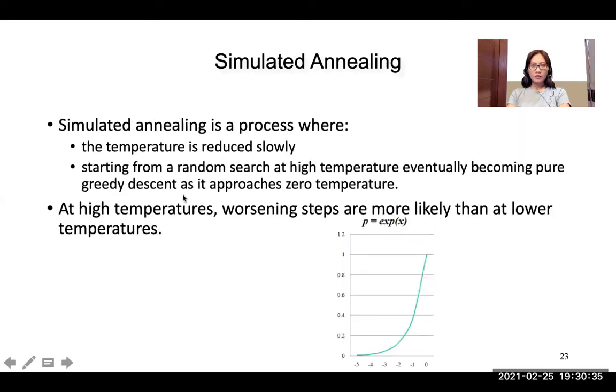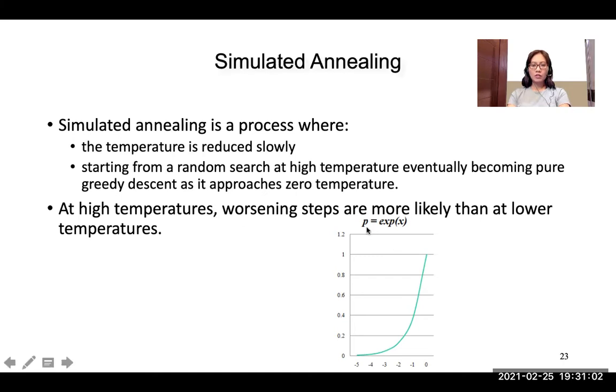That's why researchers invented simulated annealing, a process where the temperature is reduced very slowly, starting from a random search at high temperature, and eventually becoming pure greedy descent as it approaches zero temperature. At high temperature, worsening steps are more likely than at lower temperature.